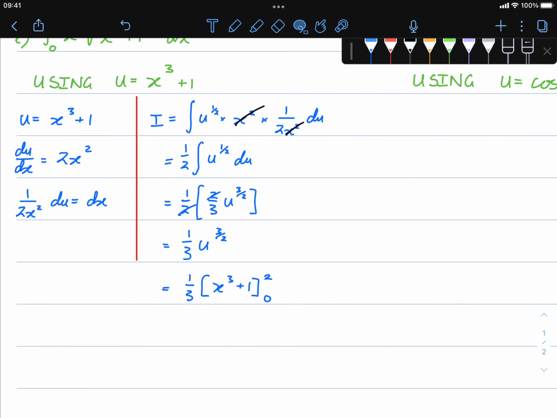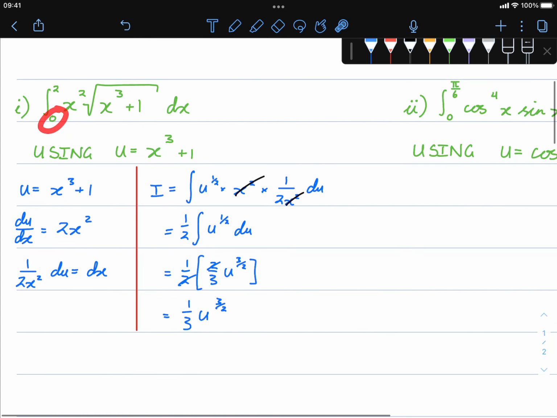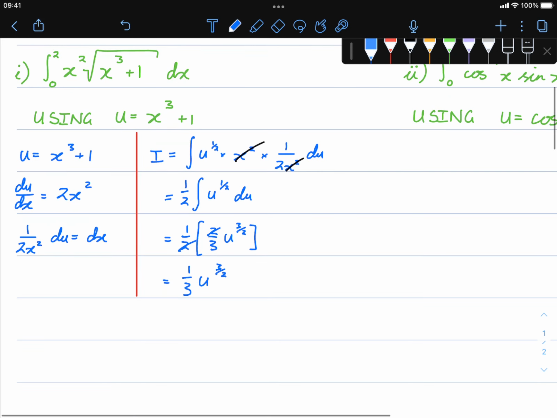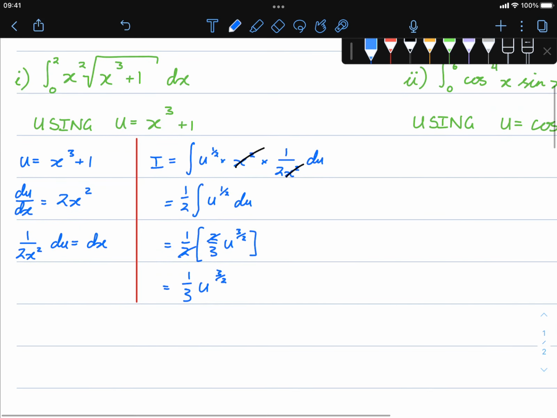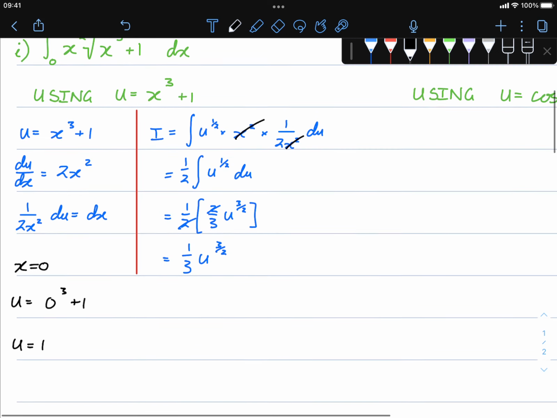But we could actually, right from the beginning, change the values of 0 and 2 using this expression here. So for example, when we let x equals 0, u is equal to 0 cubed plus 1 equals 1.